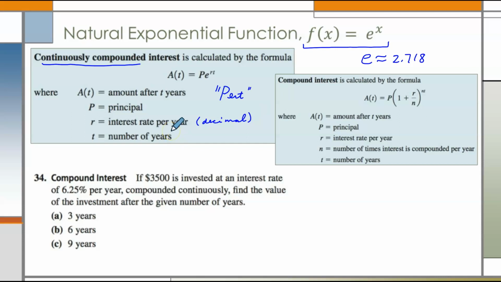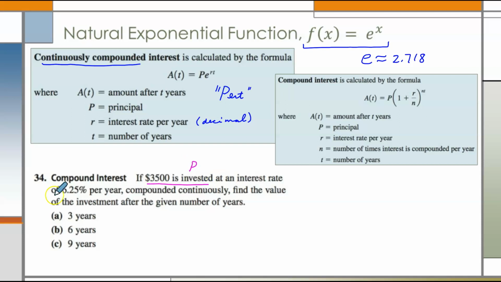Okay, so let's look at our example. If $3,500 is invested at an interest rate of 6.25% compounded continuously, find the value in the investment after the given number of years. Okay, so we have $3,500 invested, so there's our principal.